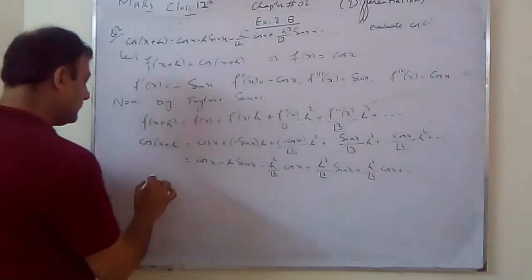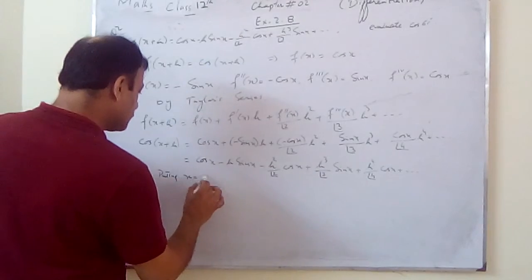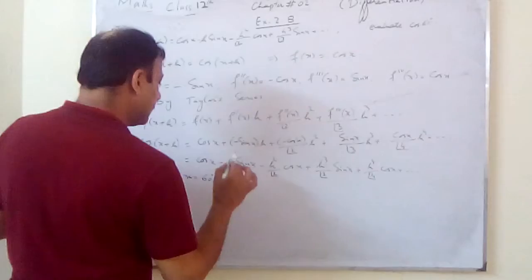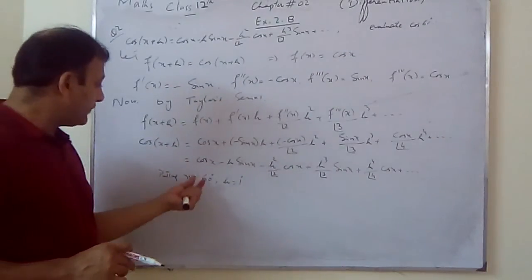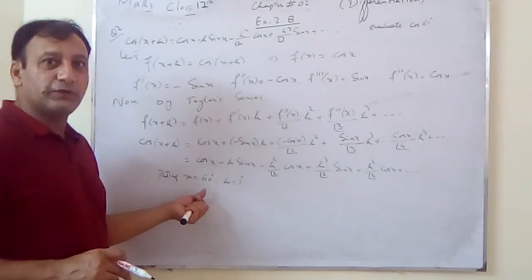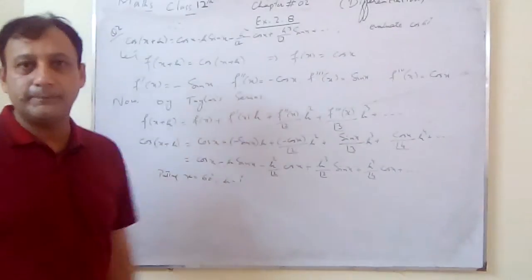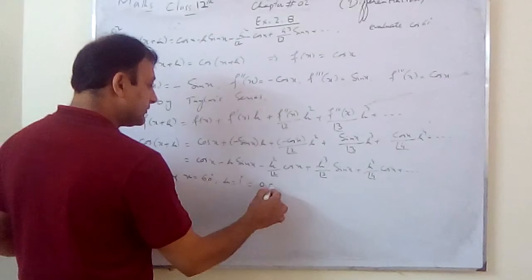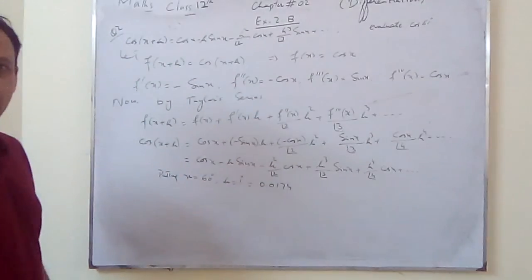For cos 61, putting x is equal to 60 degree and h is equal to 1 degree, because h is a small increment, a small value. So we suppose x is equal to 60 degree, and that is the value which we can easily find. h is equal to 1 degree, and 1 degree we know is equal to 0.01745 or something, whatever the value may be.